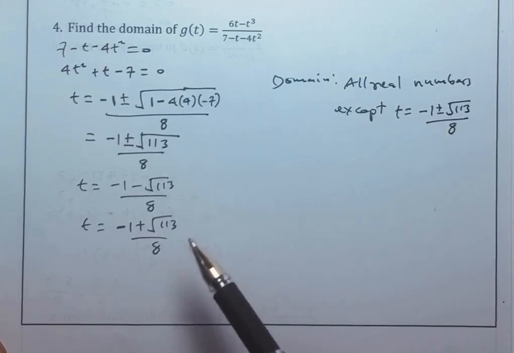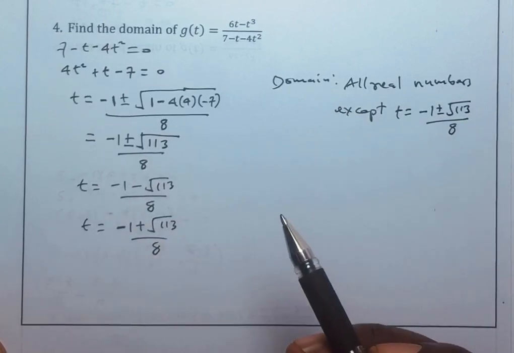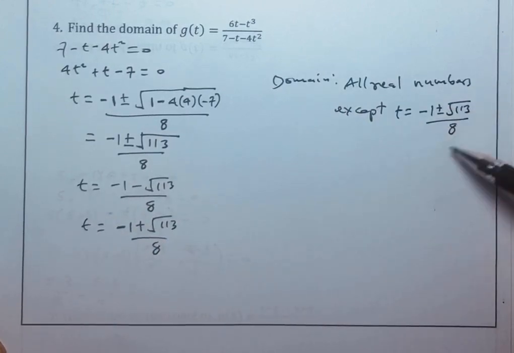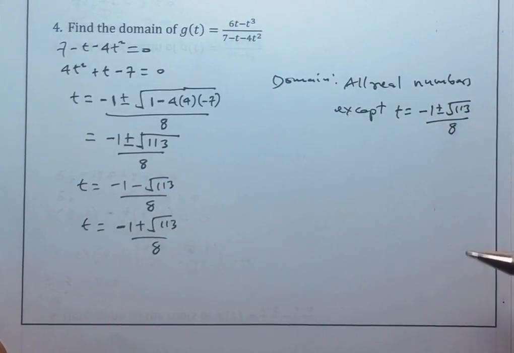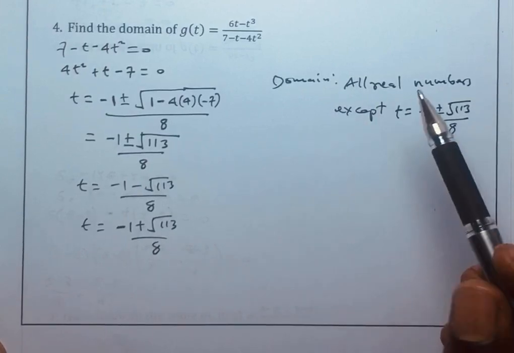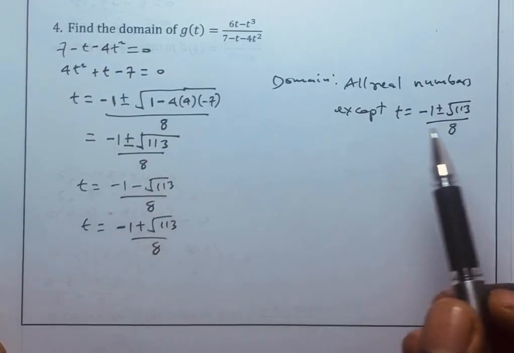So if we plug in any other value of t into this expression, we are going to get real values. But if we plug in these two values, we are going to get a situation where we have to divide by 0, so we're not going to get real numbers in such a situation. So the domain is just all real numbers except these two.